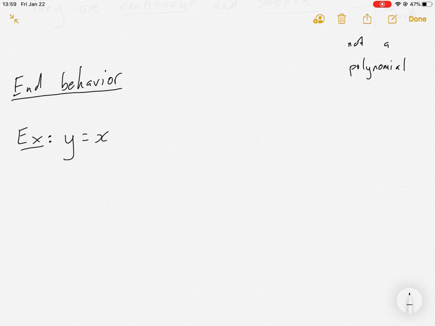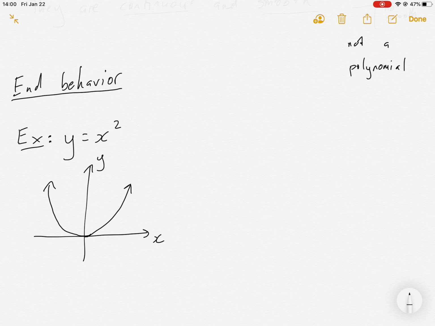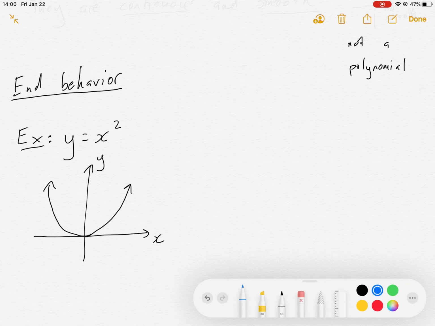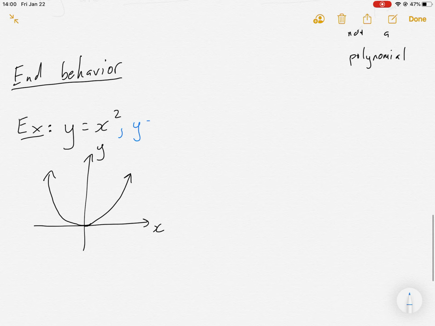So let's take a look at y equals x squared. If you graph this in Desmos on a graphing calculator, or if you just do it by hand, or you might just remember, y equals x squared is a parabola, so it looks like this. If I graph y equals x to the fourth on the same set of axes, it's very similar, except it sort of gets narrower, and then it also kind of gets wider there.